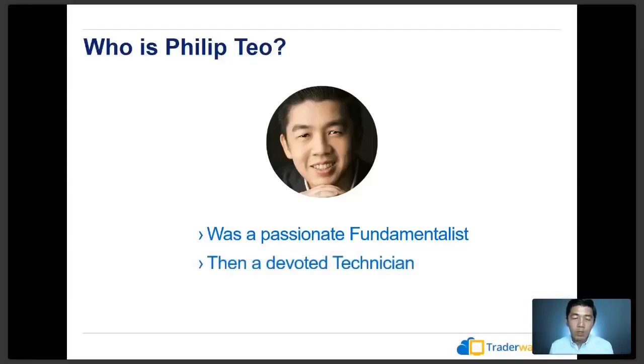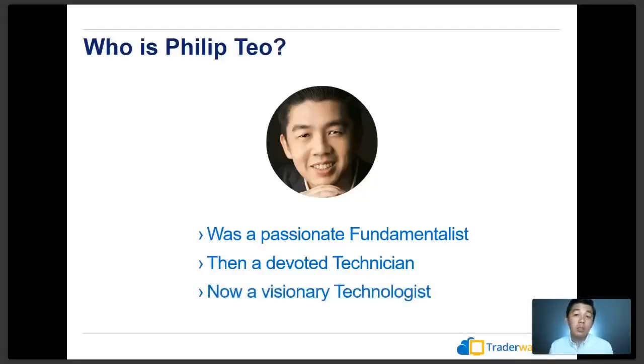One of the main reasons I remain a devoted technician to date is that I find technical analysis much more efficient and effective in finding the most optimal time to enter and exit a trade, even if I do not know the fundamentals at all. Hopefully I can share with you about that later on.